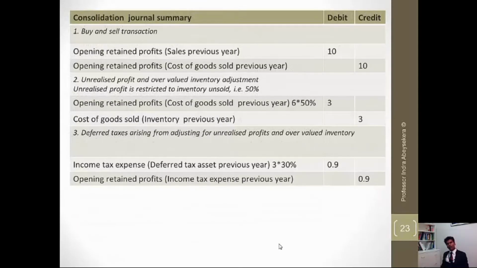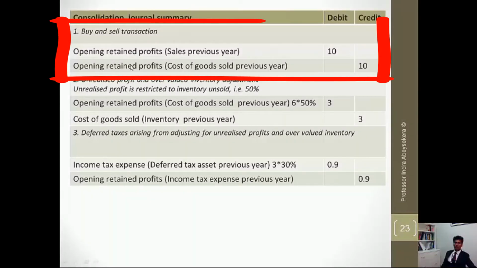But when we reverse it, we have to realize that only 50% of inventory is still held. So let's do it. Buy and sell transaction. Sale and cost of goods sold are in opening retained profits, 10 and 10. In fact, we don't even have to do that entry, because it's debit and credit opening retained profits, 10 and 10.